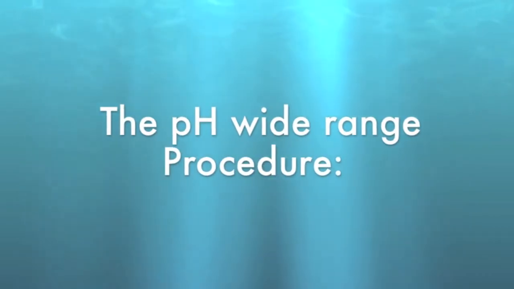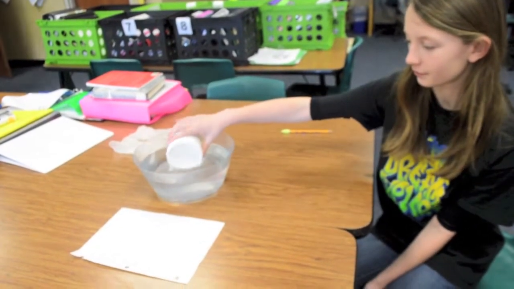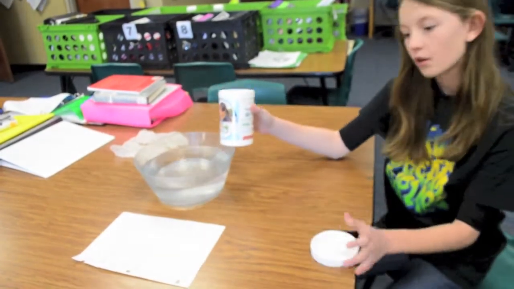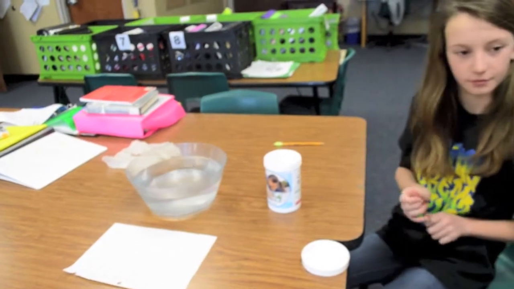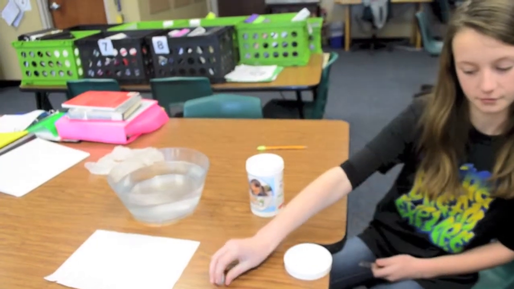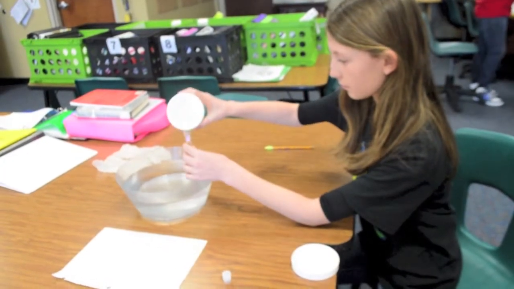The pH wide range procedure. First, you collect your sample in the bucket. Then, you fill the plastic test tube to the 10 milliliter line.